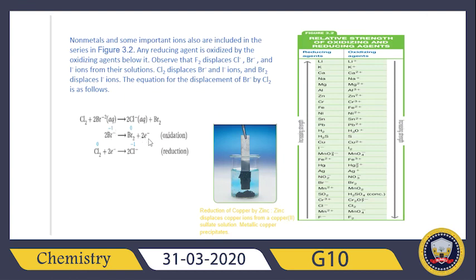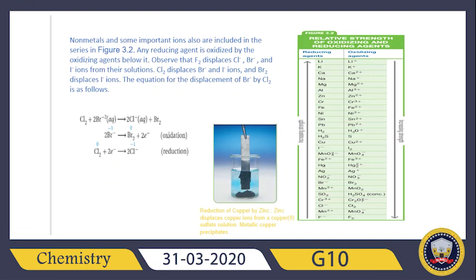These 2 electrons will be gained and accepted by the chlorine. So chlorine here has been reduced. The oxidation number for chlorine was 0, but after that it accepts 2 electrons, and the oxidation number of chlorine becomes -1.